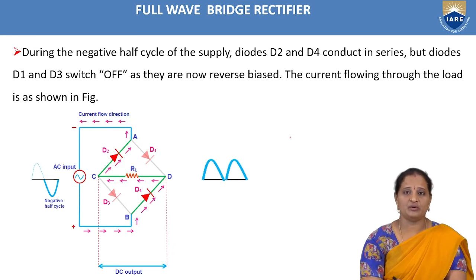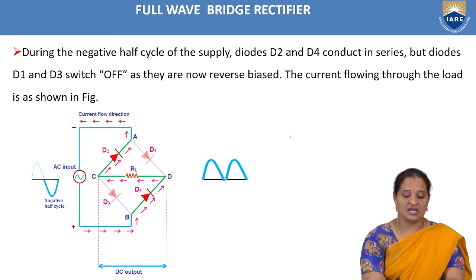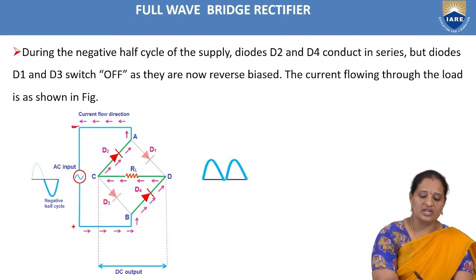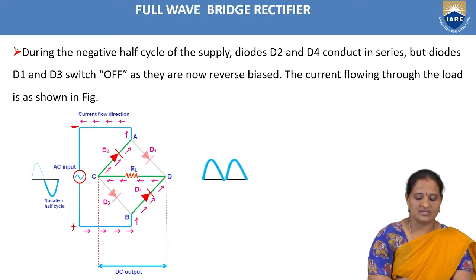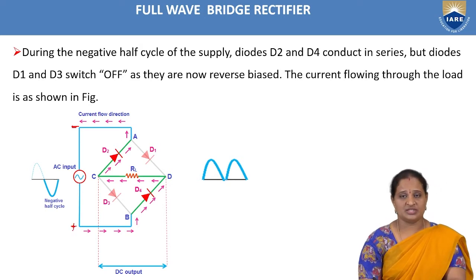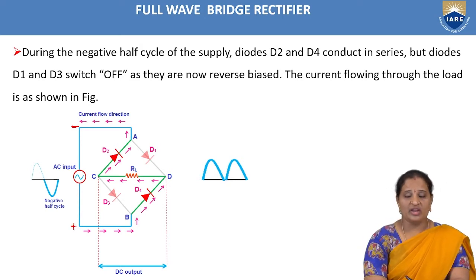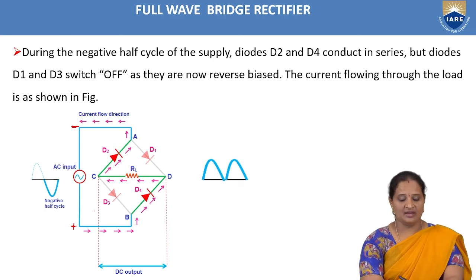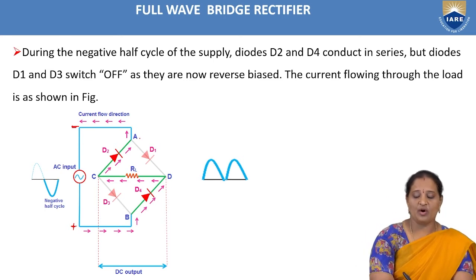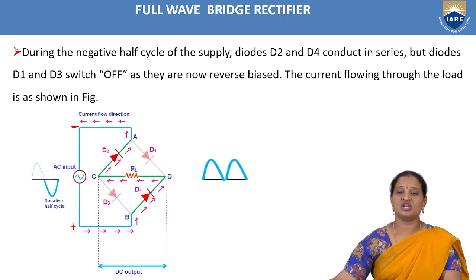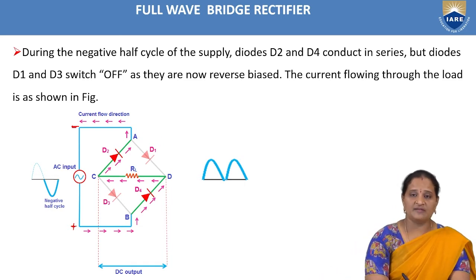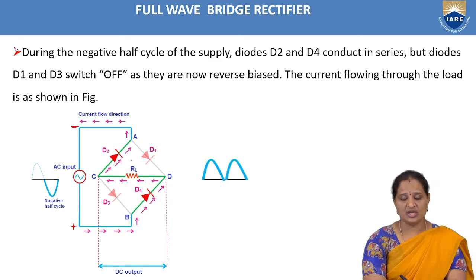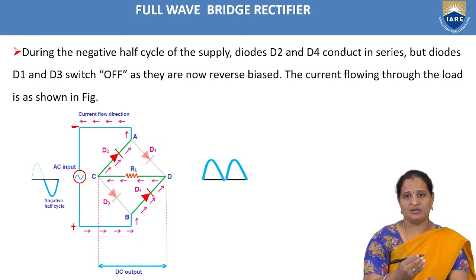As I already told you, during the negative half cycle, point A of the secondary winding becomes negative, and point B of the secondary winding becomes positive. So point A is at more negative potential when compared to point B. If you observe the diode connections, there is no change, only the cycle of the input is changed.